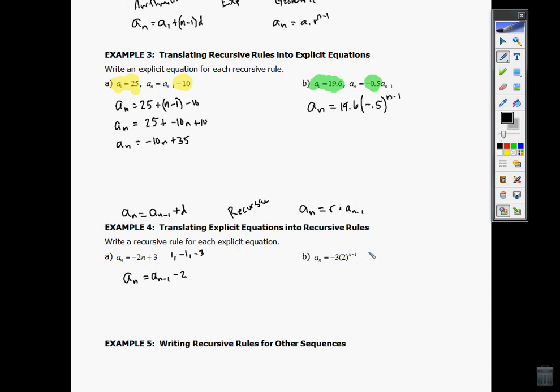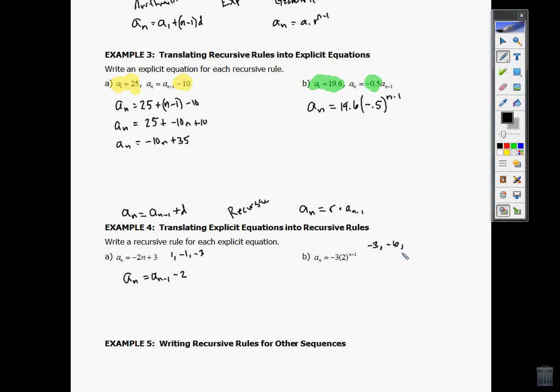Anything to the 0 power is 1. So my first term is negative 3. Now, what's my second term? Well, that's going to be a 2, so 2 minus 1, which means this is 2 to the first, which means I'm doing negative 3 times 2, which means I have negative 6.